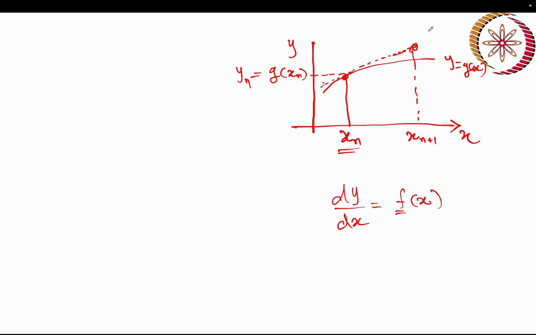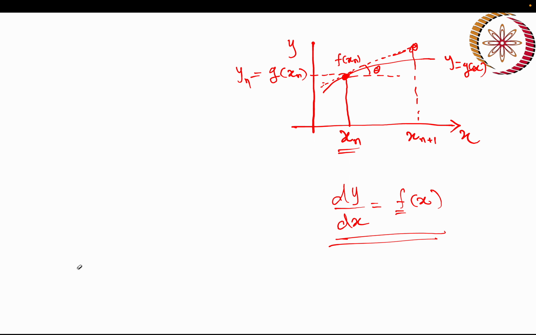During xn to xn plus 1, we approximate linearly, and the slope of this line will be the derivative at this location, which is f of xn, that is dy by dx at xn.